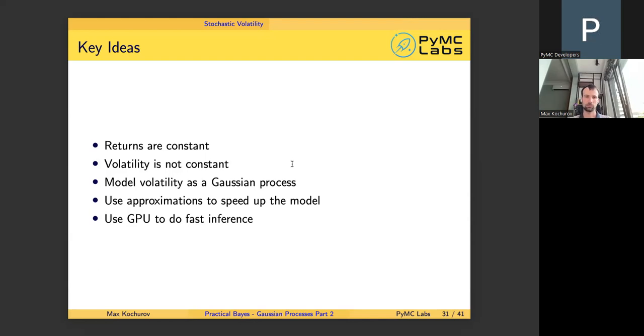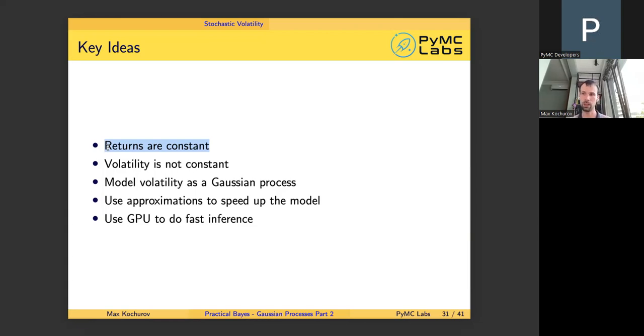And what we need to assume is first that returns are constant. Well, in some cases, it indeed makes sense to treat returns to be non-constant, but we need very long-term series and very strong assumptions on how should this return evolution behave.